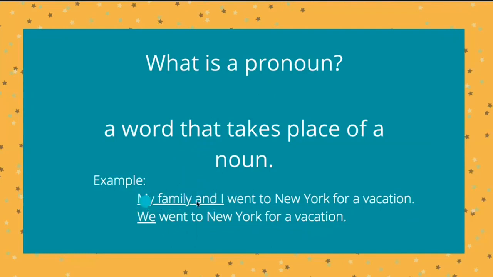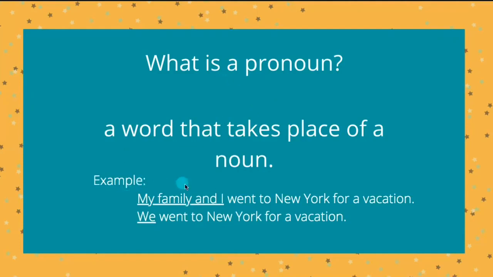Sometimes, if we want to create another sentence, it is not good to always repeat my family and I went to New York for a vacation, my family and I had happy moments together, but you can just say we had happy moments together. So that is a pronoun.